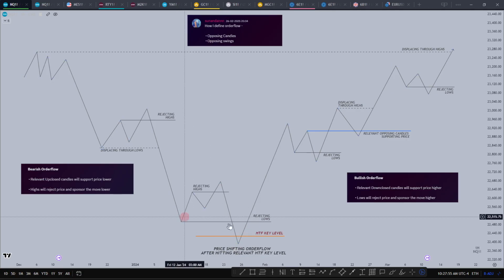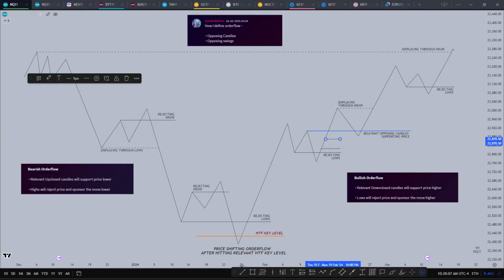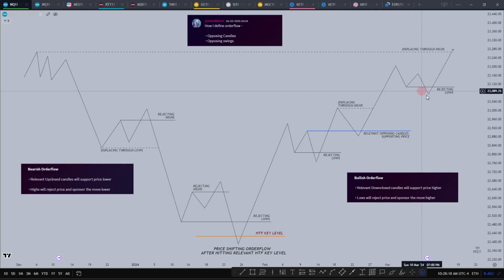Price rejected a low for the first time. Is another low being rejected? Yes, so I can look to frame here. High time frame candles expanding towards the objective. Relevant opposing swing as objective, right? Relevant lows rejecting price higher to the objective.